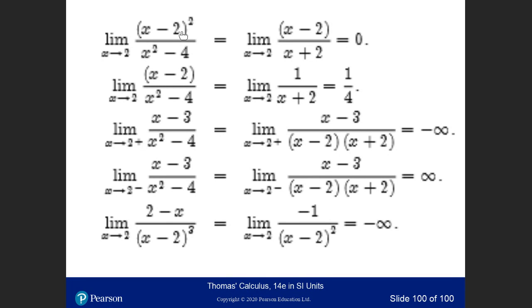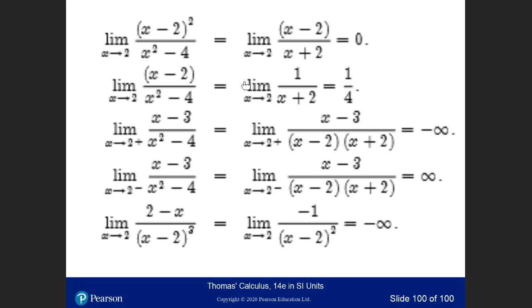That's not a real number. But I can cancel out these x minus 2's. I have x minus 2 here and x plus 2 here. Now, as x approaches 2, it's 0. That's not an infinite limit.